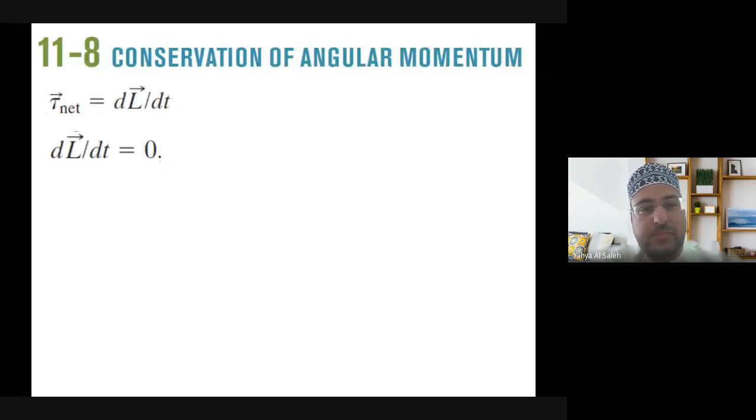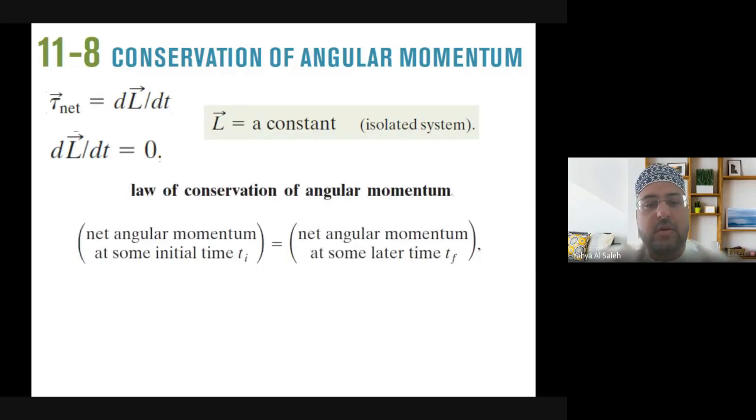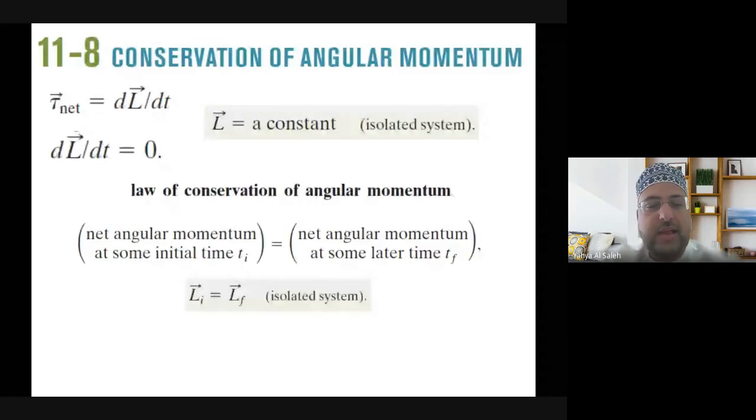It means angular momentum is a constant. If we have an L and dL by dt is equal to 0, the only way it is 0 is if L is a constant. So, in the absence of net torque, angular momentum before equals angular momentum after. L_i equals L_f.